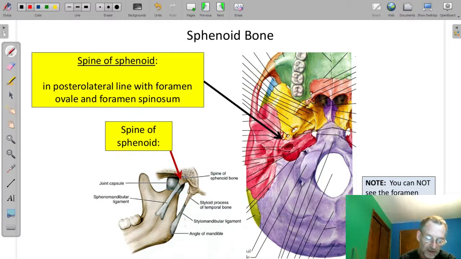So this illustration in the bottom left is out of your textbook in the TMJ chapter. But what I want to point out is this little piece of the sphenoid, which forms a little tiny spine of the sphenoid. The only reason I'm mentioning that is because we will hook a ligament up to it later when we discuss the TMJ, the sphenomandibular ligament. So it runs between the sphenoid bone and the mandible. Okay, next slide.